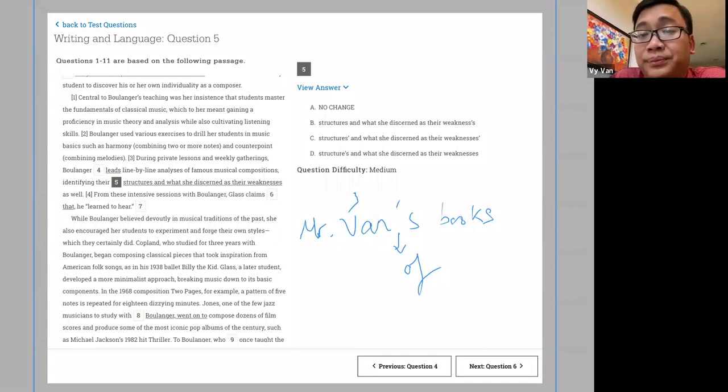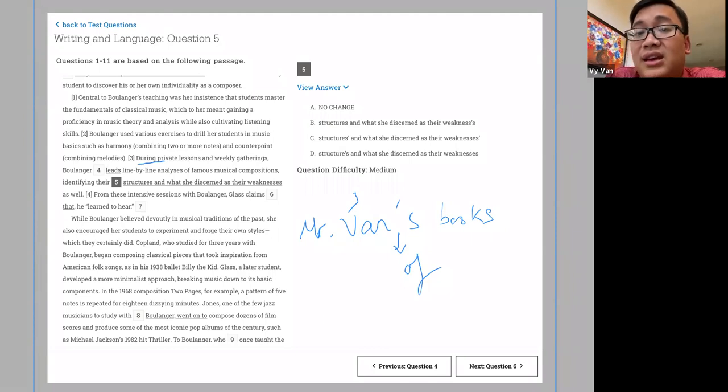Let's read this, starting right here. During private lessons and weekly gatherings, Boulanger would lead line by line analysis of famous musical compositions, identifying their structures and what she discerned as their weaknesses as well. Here, none of these needs any possessive at all.